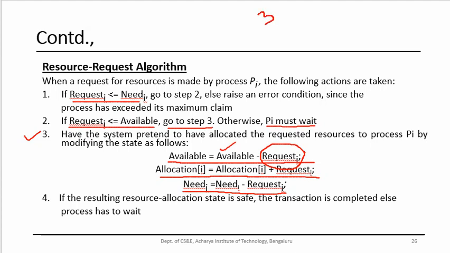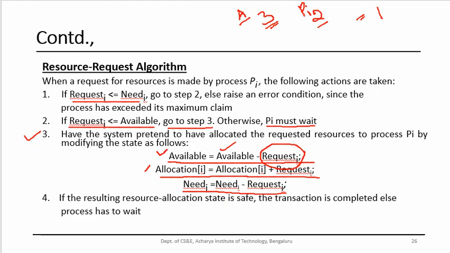Now let us say three instances of resource type A were available, and Pi asked for two instances of resource type A. So how many are available now? It is 3 minus 2, that is 1. So available changes.